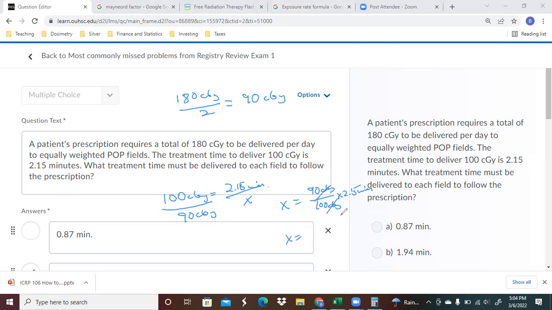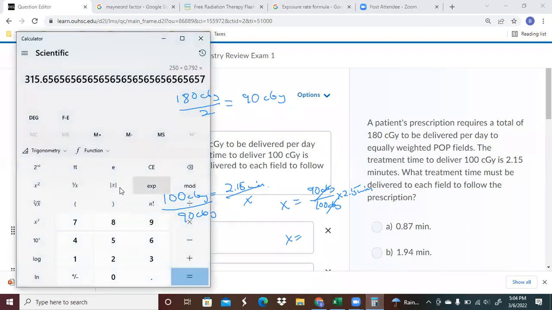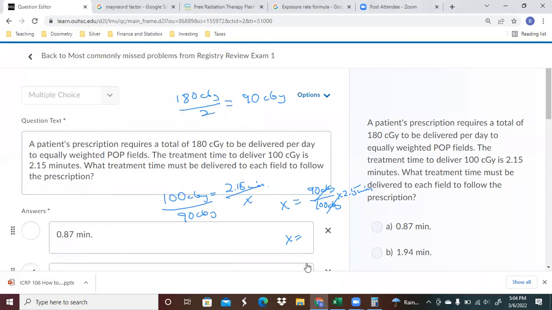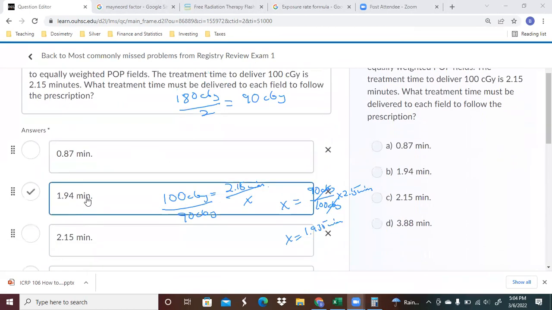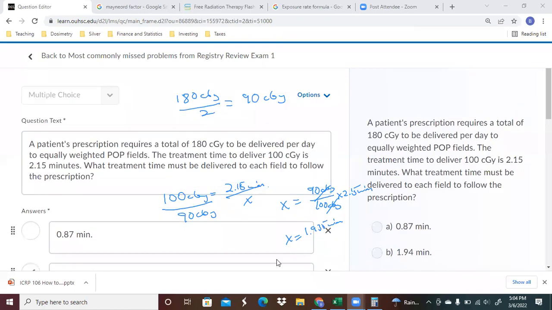X is equal to what? 1.935 minutes. Or 1.94 minutes.